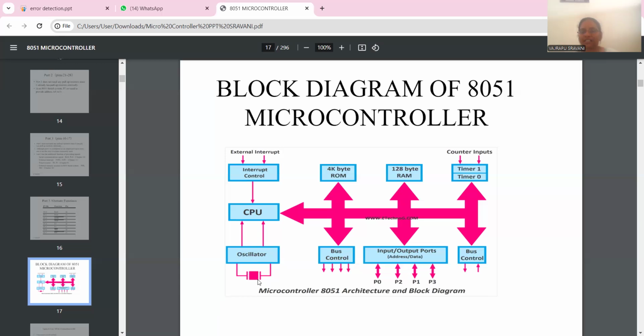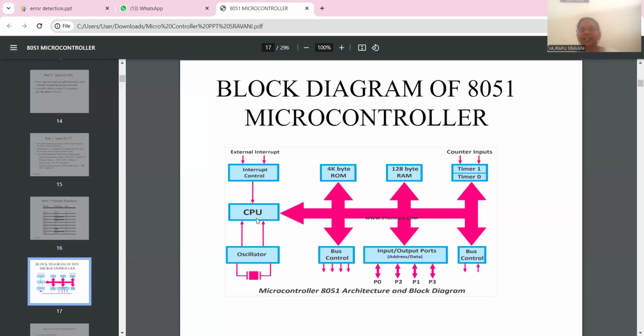That frequency is used for operating all the devices synchronously. Without generating 12 megahertz or 11.0592 megahertz frequency, the remaining devices will not synchronize properly. It won't work 100%. So the oscillator circuit is connected to the CPU.